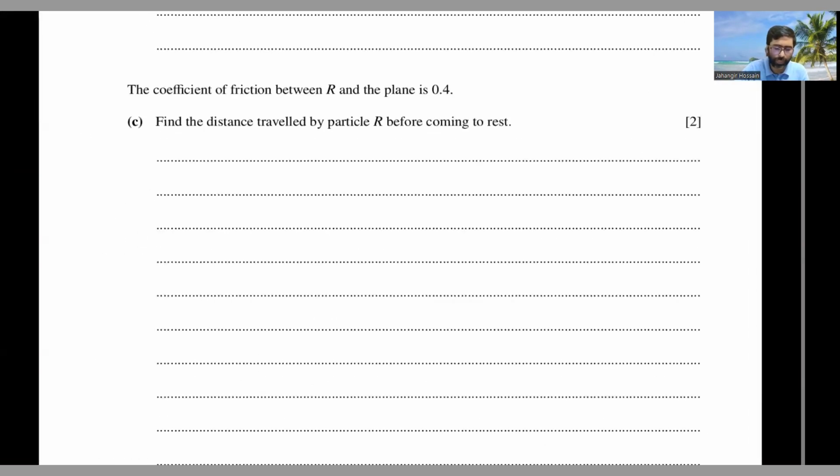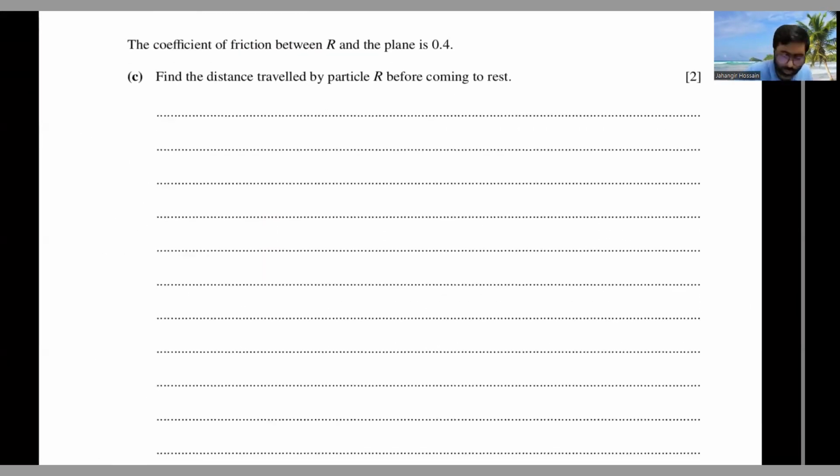That's part B. Then we have another part, part C. The coefficient of friction between R and the plane is also 0.4. Find the distance traveled by the particle R before coming to rest. So what will be the deceleration here? Since the value of mu is the same and the surface is horizontal, the acceleration remains the same.